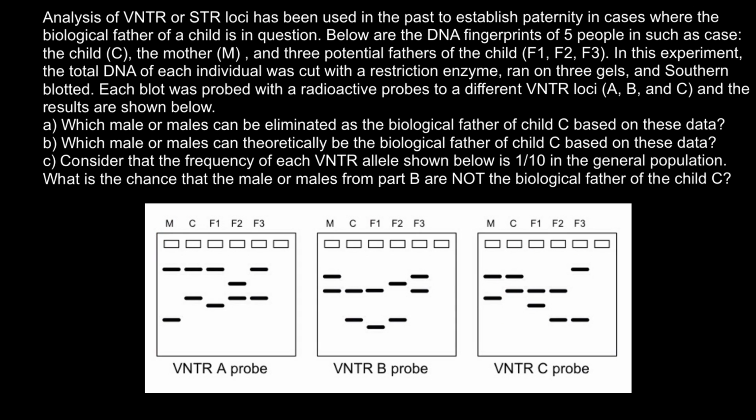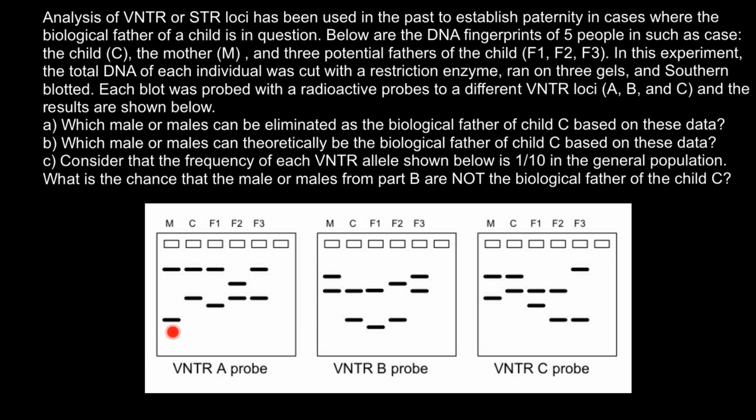So question A, which male or males can be eliminated as the biological father of a child C based on this data? So M is the genotype of the mother. We don't know the size of the alleles. We can only reference the sizes according to the sizes of the other people that are present here, or the genotypes.